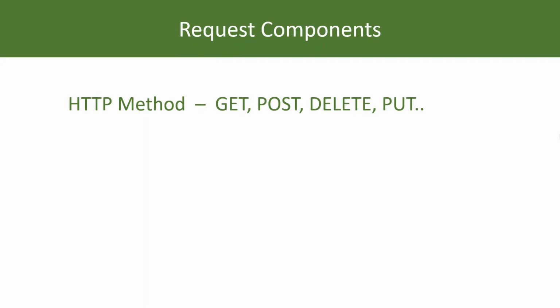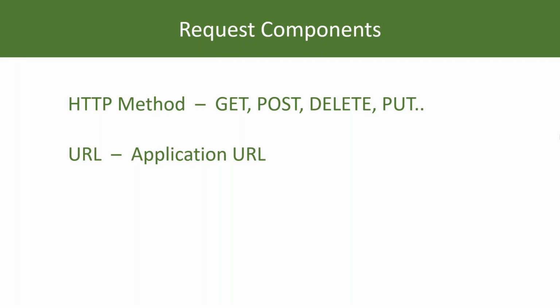Out of these, get alone takes up to 98% of the existing methods. Most of the requests are associated with get, the rest with post, delete, put. So post takes the second largest share. After that it's delete and put, which are very minimal and we rarely see these. So HTTP method is the first component for a request.